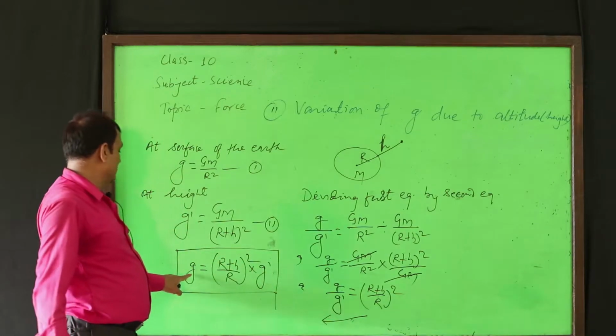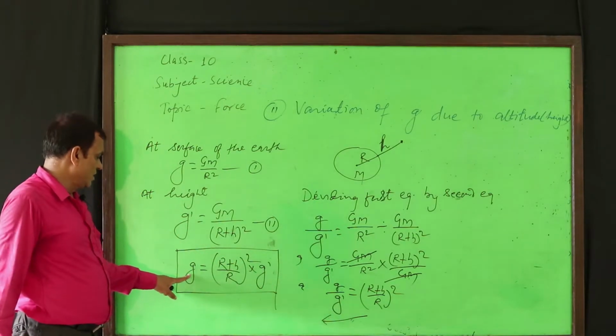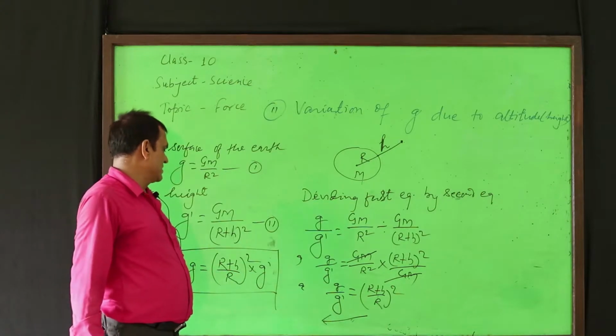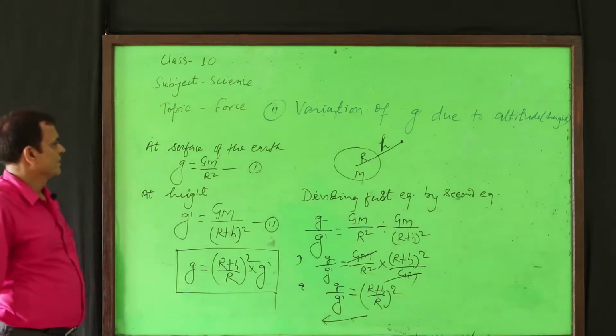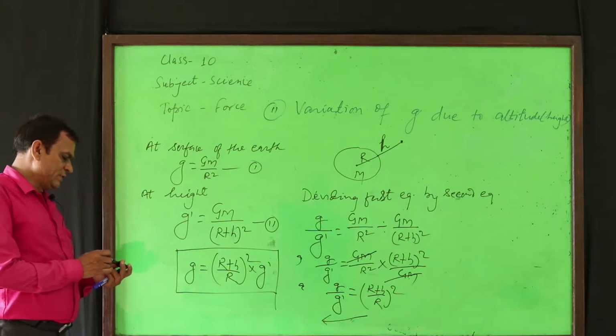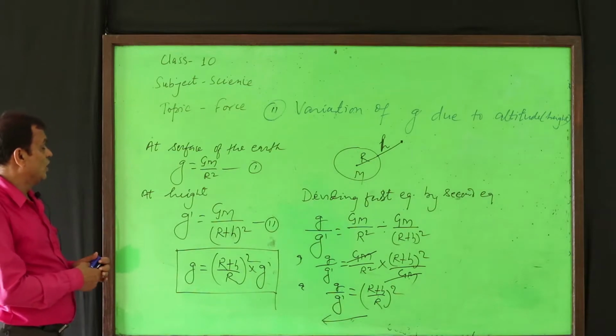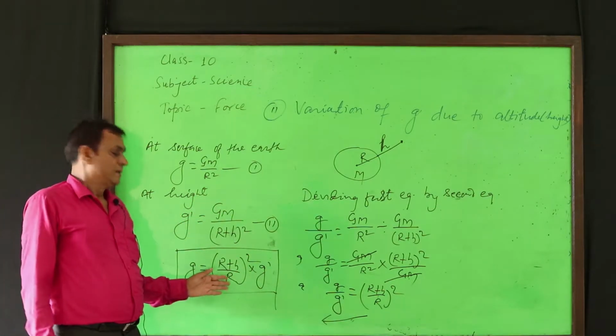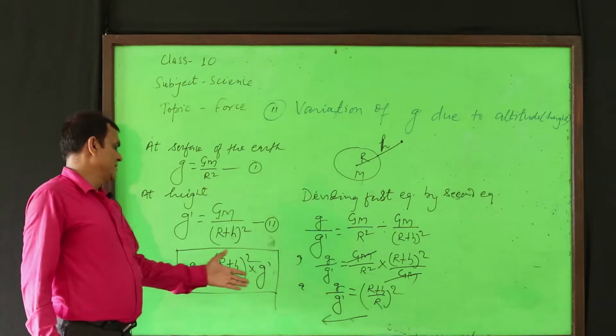This g indicates the acceleration due to gravity at the surface of the earth. This g dash indicates the acceleration due to gravity above the earth's surface. By using this formula, if we don't have the value of capital G and capital M, you can find the value of small g by using this formula.